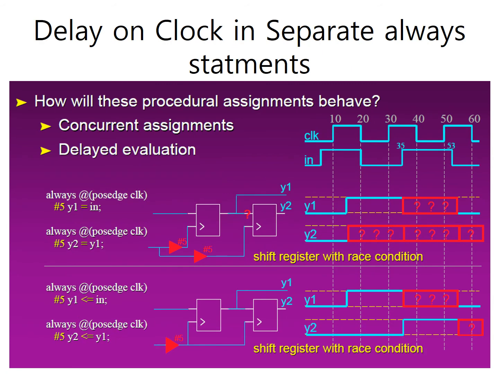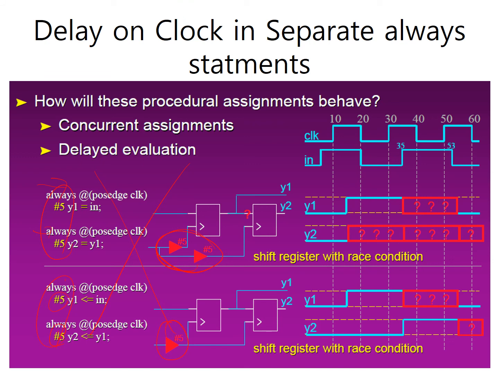To reflect the clock to Q delay, you may use 5 nanoseconds in front of the assignment, but for those separate always statements, this 5 nanosecond delay will represent the delay on the clock path. This is not what we really want. We don't want to describe it like this. This doesn't show the proper operation.